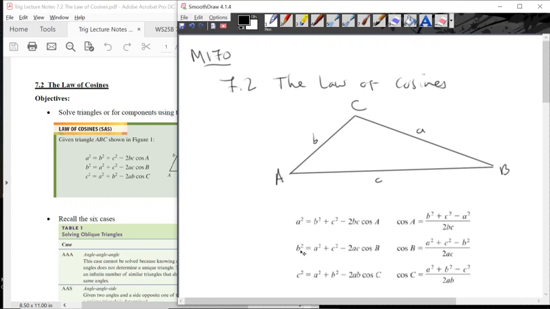The next equation down, side length B is the one that is isolated, and that is the side length that is opposite the angle B, which is the only angle that shows up in this equation. Right? And in the third one, same story. The side length C is the one that is isolated on the left-hand side, and that is the side length that is opposite the angle C, which is the only angle that shows up in the formula.